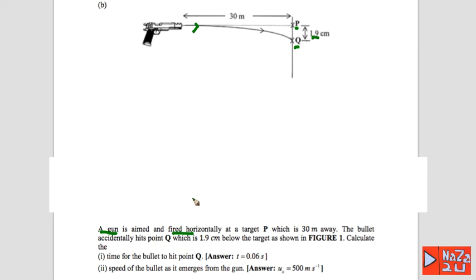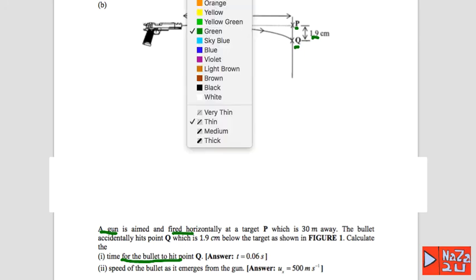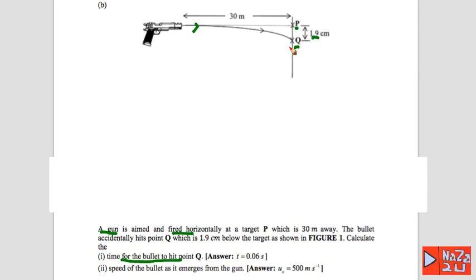Number 1, calculate the time for the bullet to hit point Q. So, the time taken for the bullet to hit point Q. If you look at the diagram here, to calculate this time you can consider the distance here.